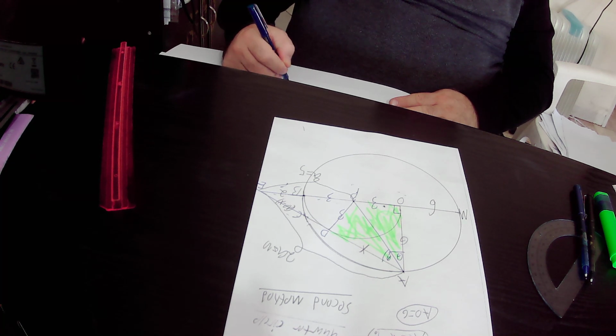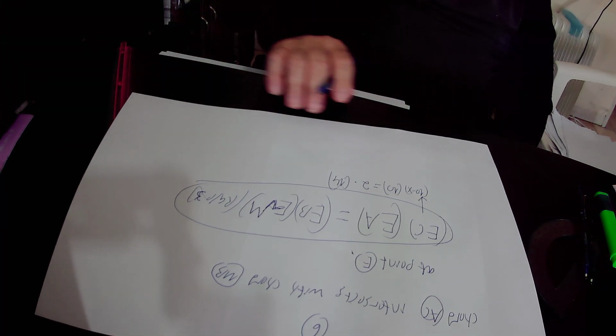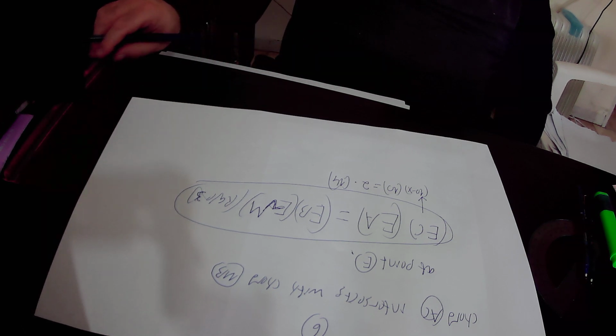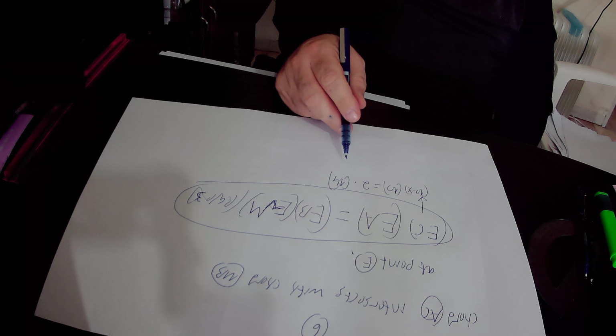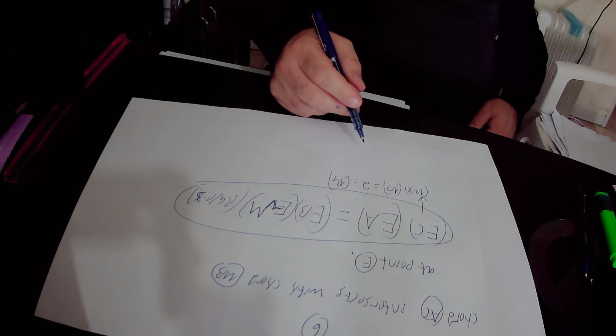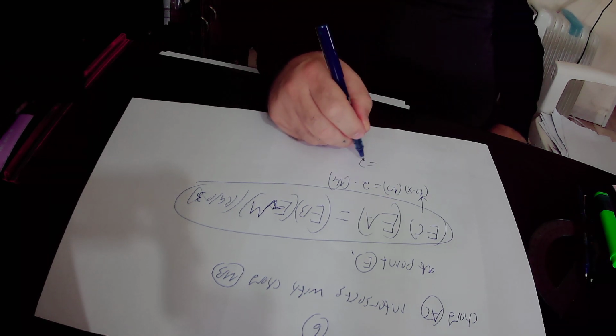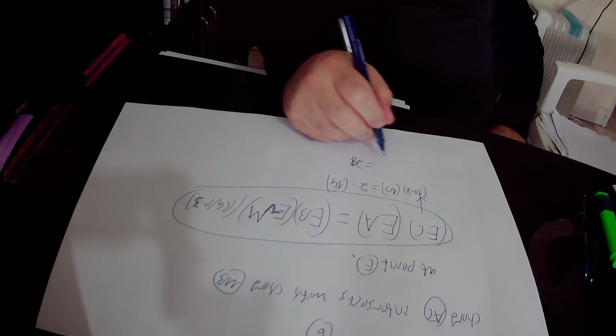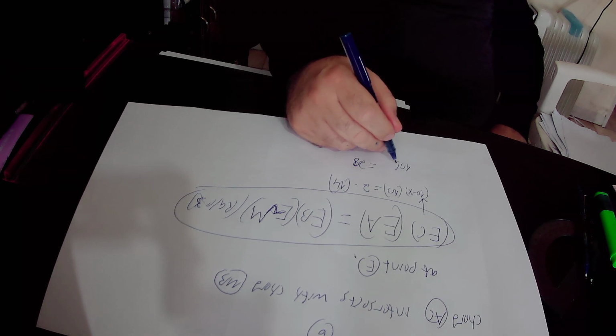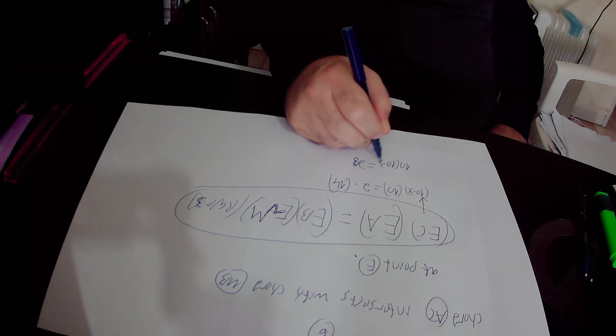So in conclusion, according to this equation, 10 minus x times 10 equals 2 times 14. 2 times 14 is 28, and it is equal to 10 times 10 minus x.